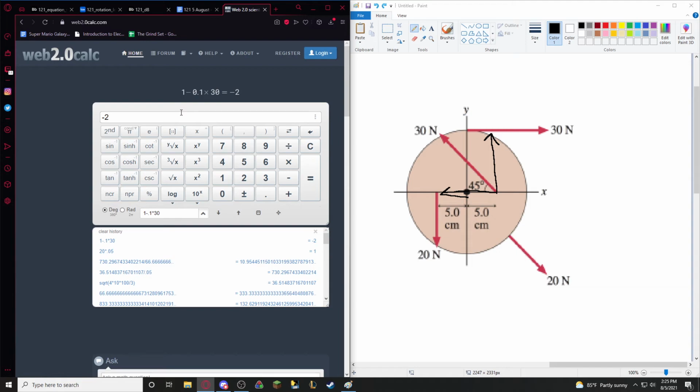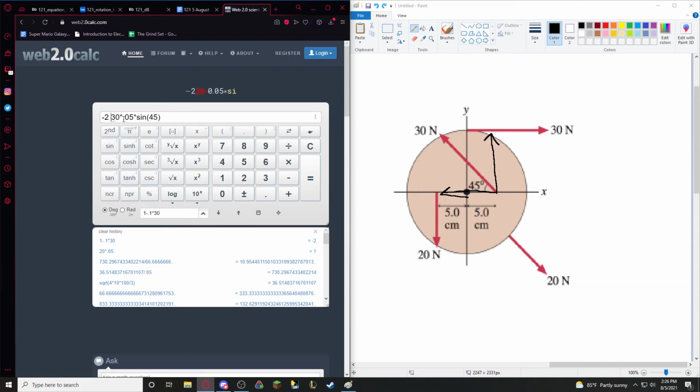And then the third one, the diagonal force. Oh, so that'll be 30 times sine of 45 times the radius, times 0.05 times the sine of 45.